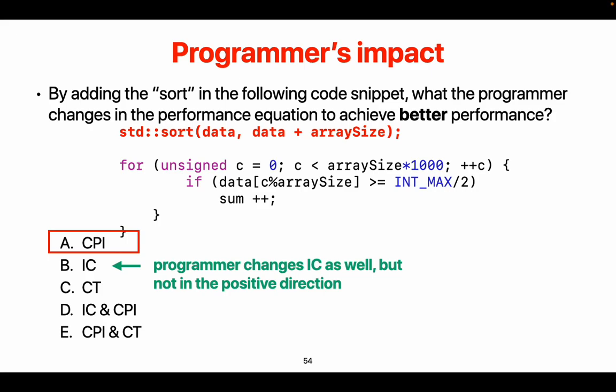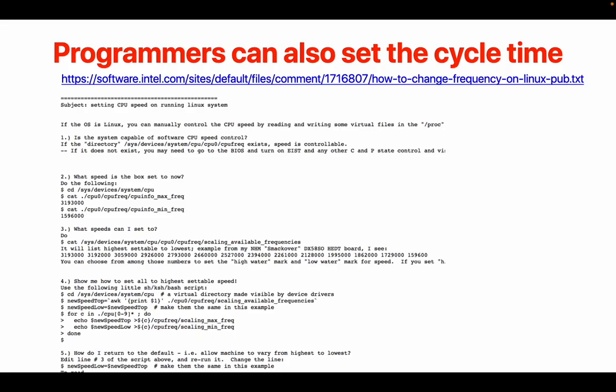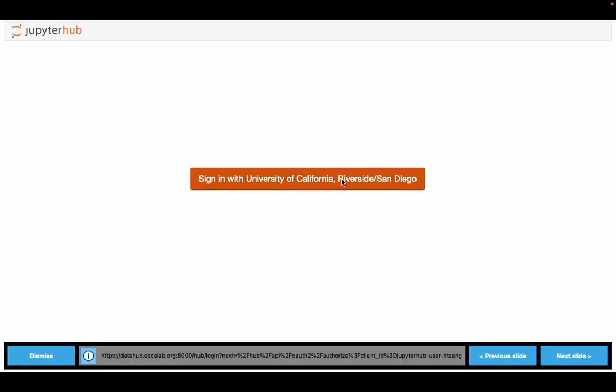Algorithm complexity analysis cares about instruction count, but ignores the fact that some instructions are more time-consuming than others and some could be more efficient. And one last thing, programmers can actually set the cycle time. That's something you can see in your homework.